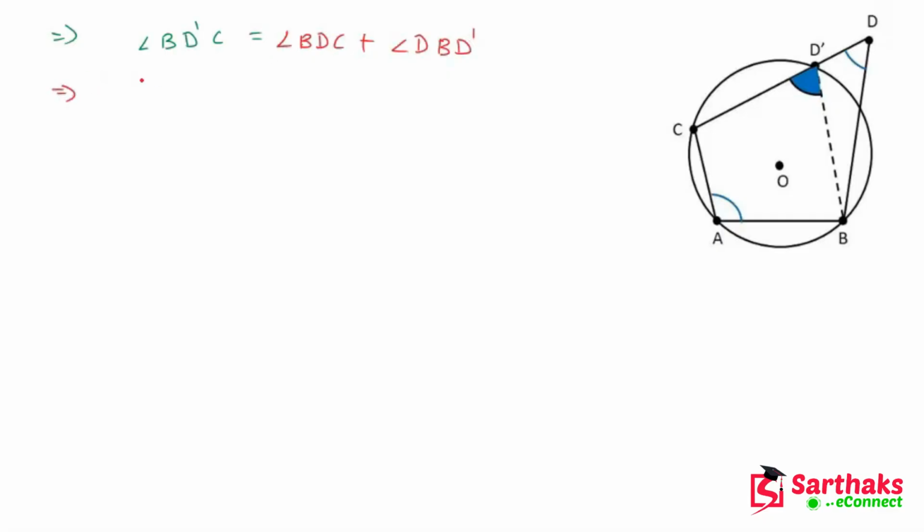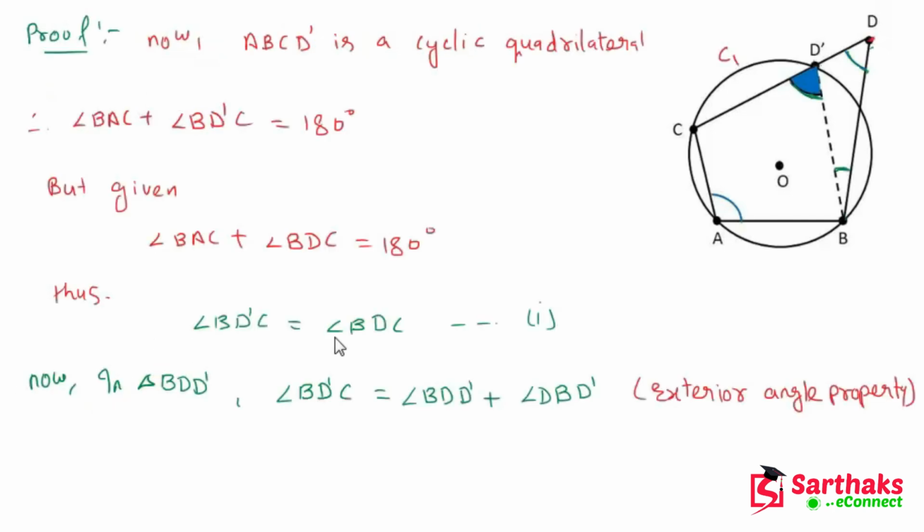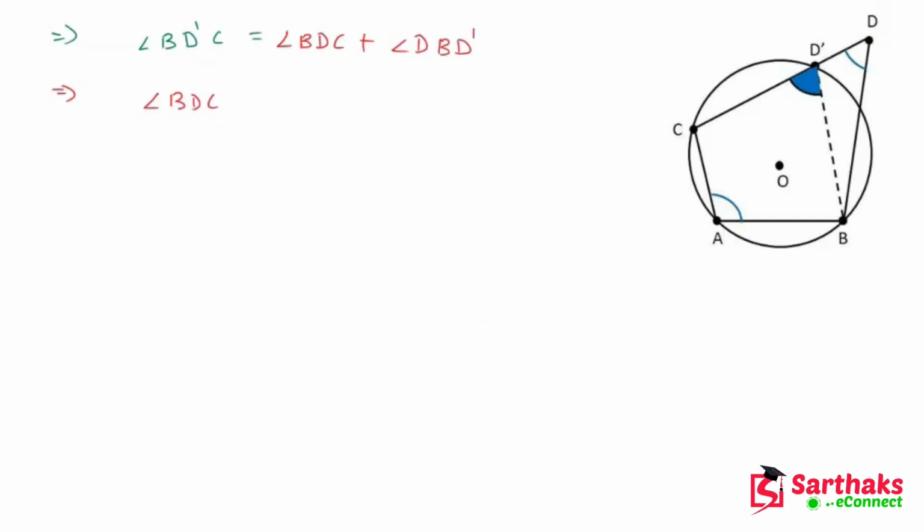We can write angle BDC in place of angle BD dash C from equation 1. And this is equal to angle BDC plus angle DBD dash.